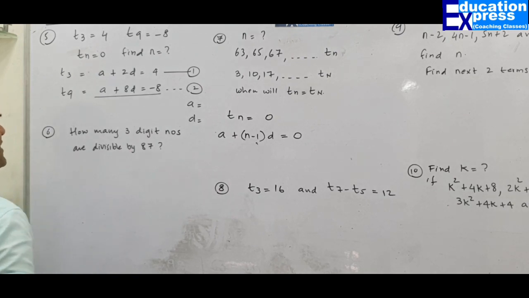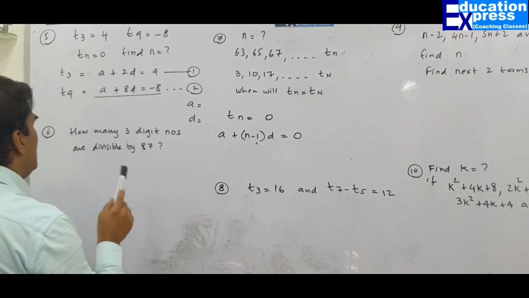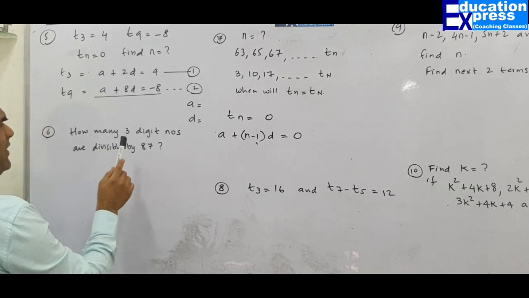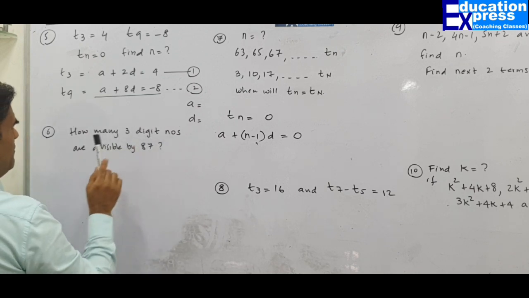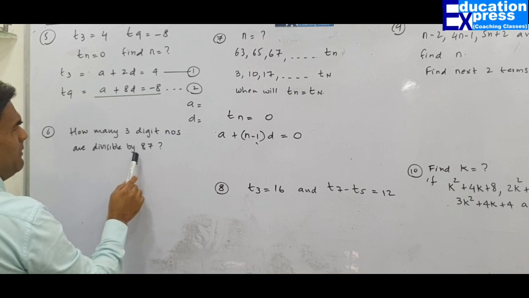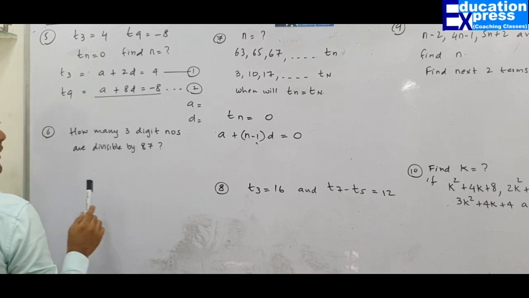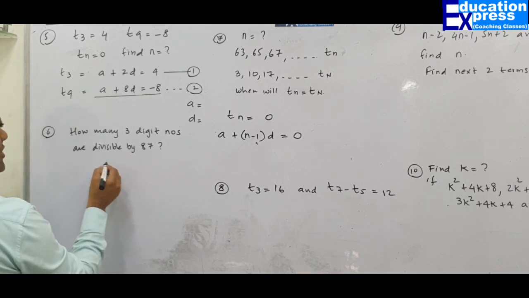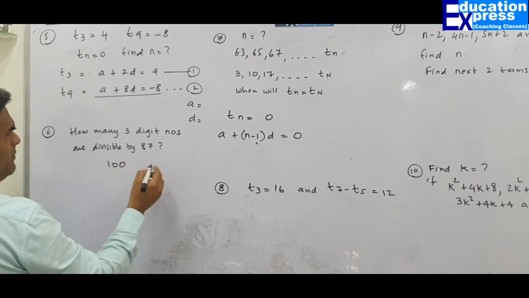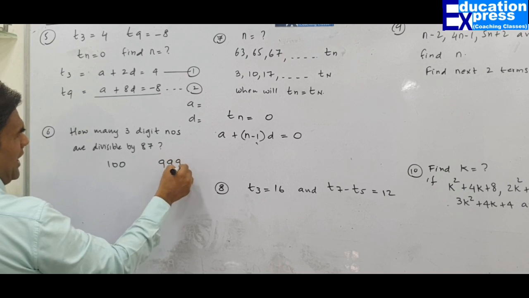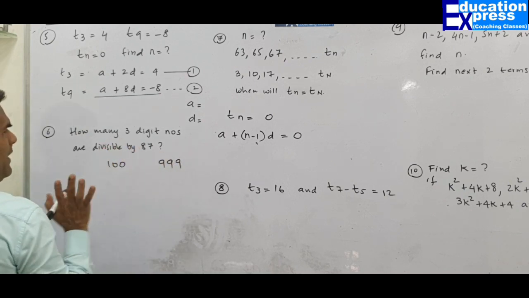Look at question number 6. We already did question number 6 earlier also, same type. Earlier we did with 2 digit, this time it is 3 digit. How many three-digit numbers are divisible by 87? In fact, the lowest three-digit number is 100 and the highest three-digit number is 999. Both are not divisible by 87.